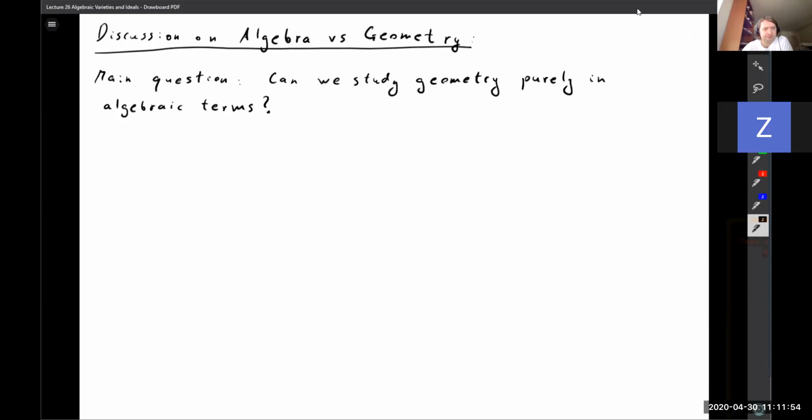And it turns out that many geometrical questions can be translated to the algebra language.